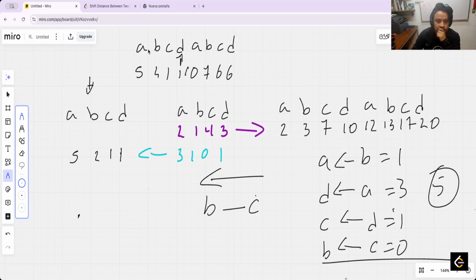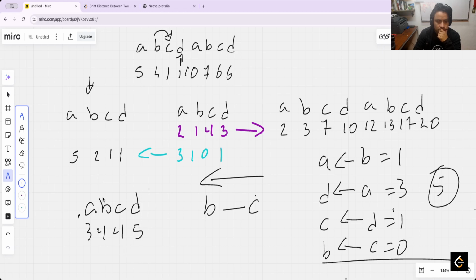Now for example here I want to reach the letter B. No, B to C. This move in this direction, it's only 1, but no. A, B, C, D, and doing the prefix in this direction is 3, 4, 4, 5.